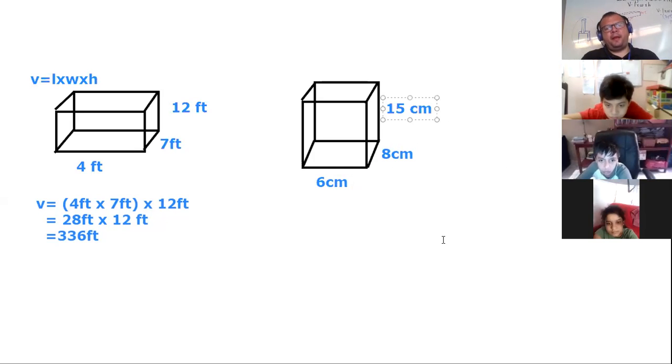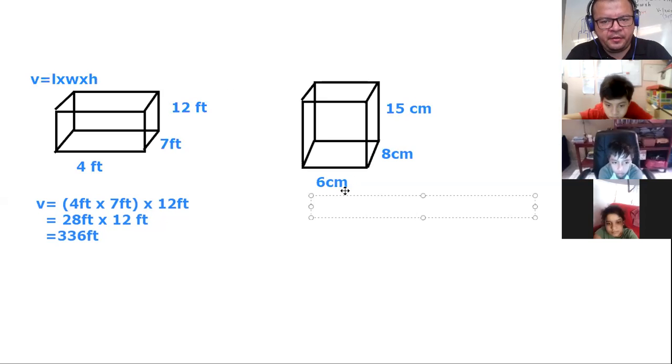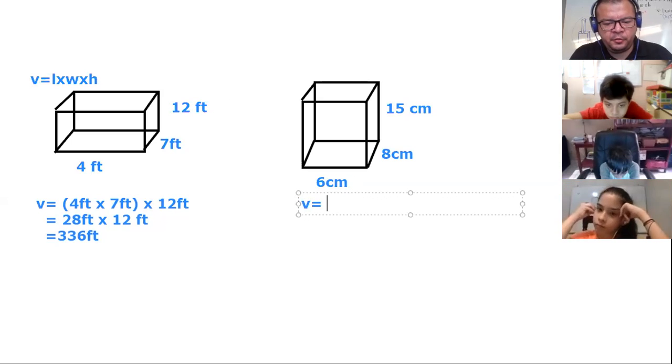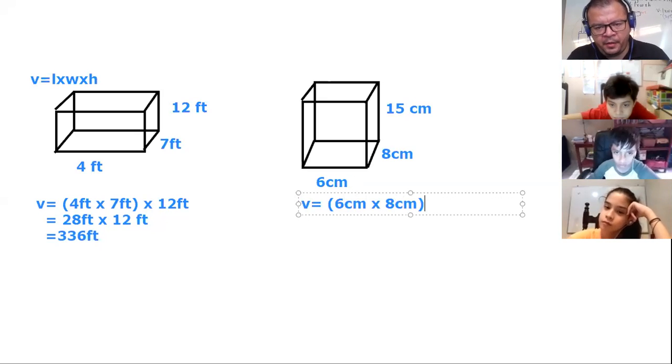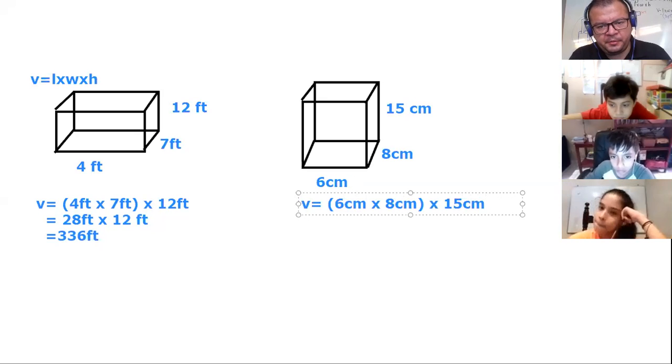So I start to apply the formula. Volume is equal to open parenthesis 6 centimeters times 8 centimeters, close parenthesis, multiply 15 centimeters.